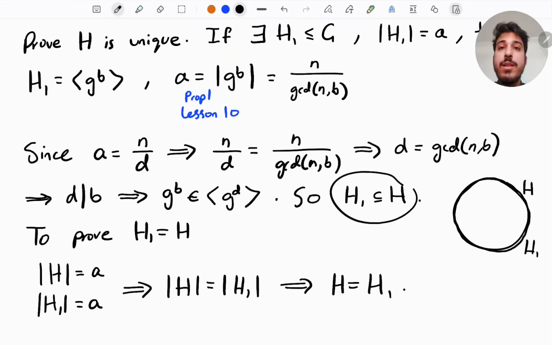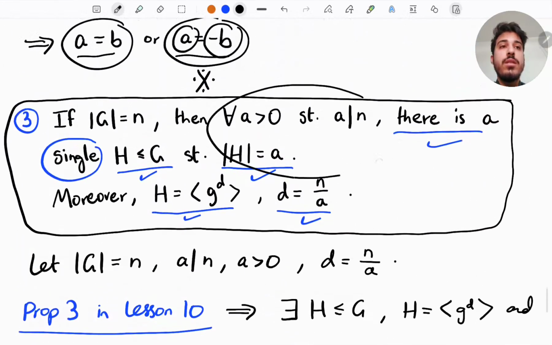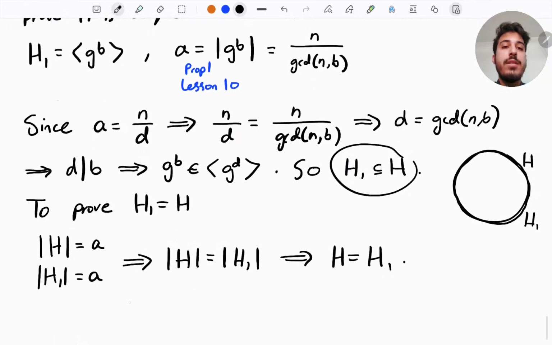So this means that because any group with this property is equal to a single group H, this H must be unique. So this means that H is unique. And this terminates all three parts of theorem 2, and this is the last thing that we wanted to prove in this lesson.